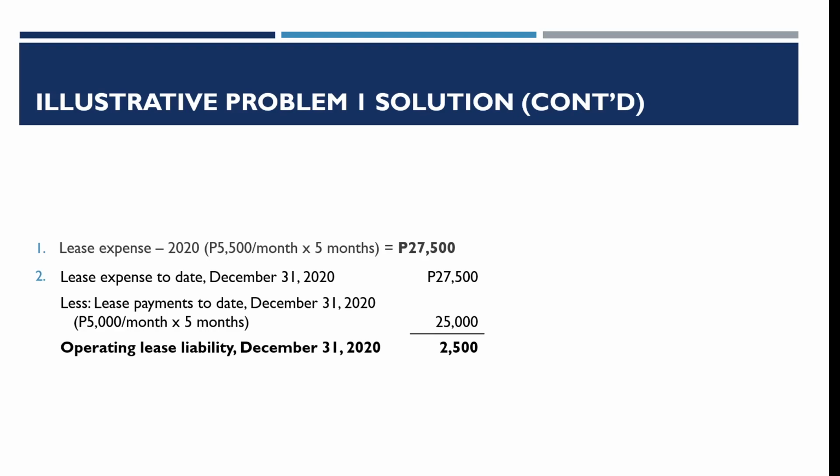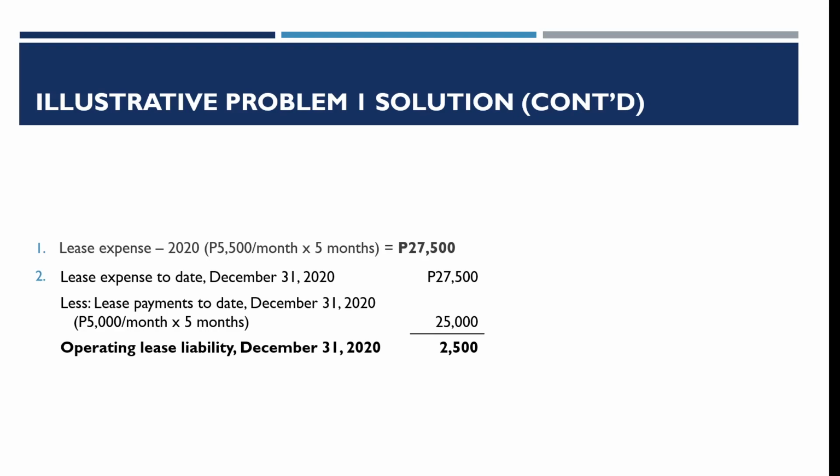Number 2, how much is the lease liability on December 31, 2020? So, similar ulit kay lessor, sa part 2 ng discussions natin for accounting for leases, ipag-compare lang natin yung lease expense already recognized versus the lease payments made. Okay? So, lease expense to date as of December 31 is 27,500, which is yung na-compute natin kanina.